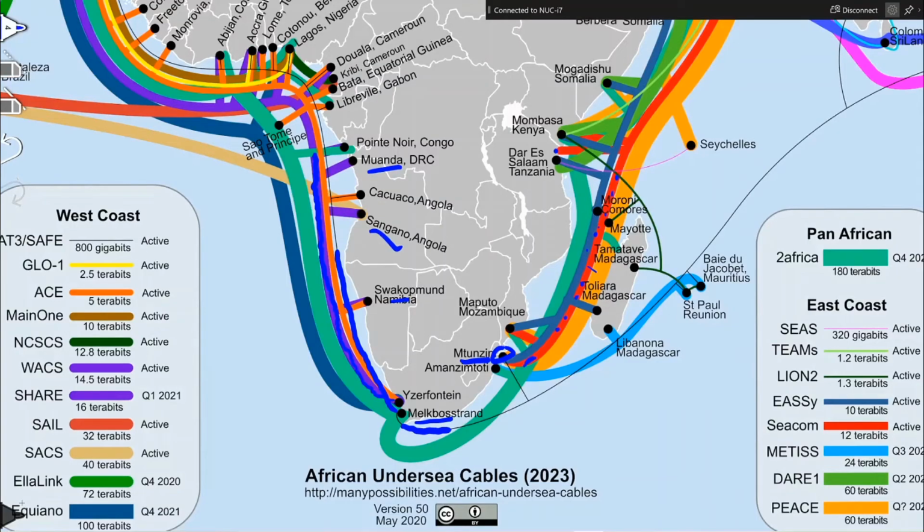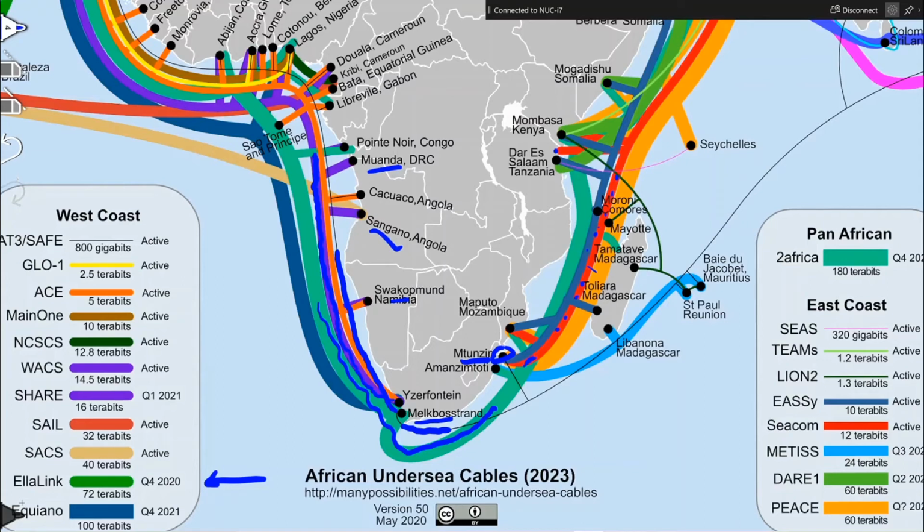There is another cable on this picture that we should keep an eye on. It's this green one. It is listed here in the legend, Link, and it is supposed to be operational in the 4th quarter of 2020. It will be interesting to visit their website to see what is going on.